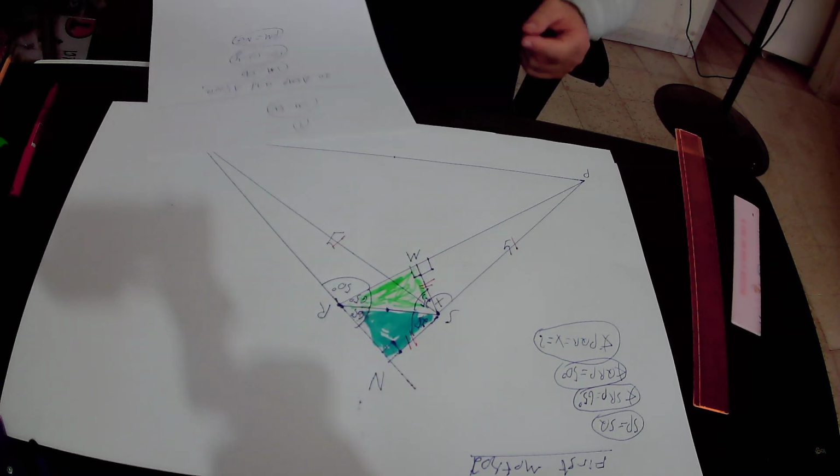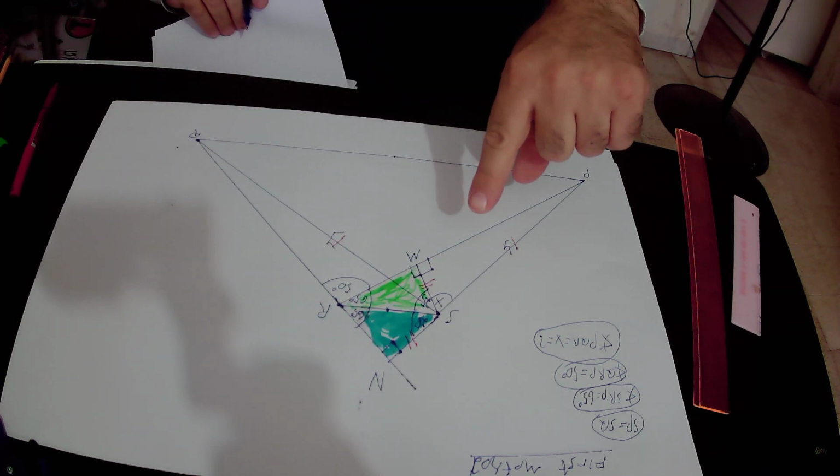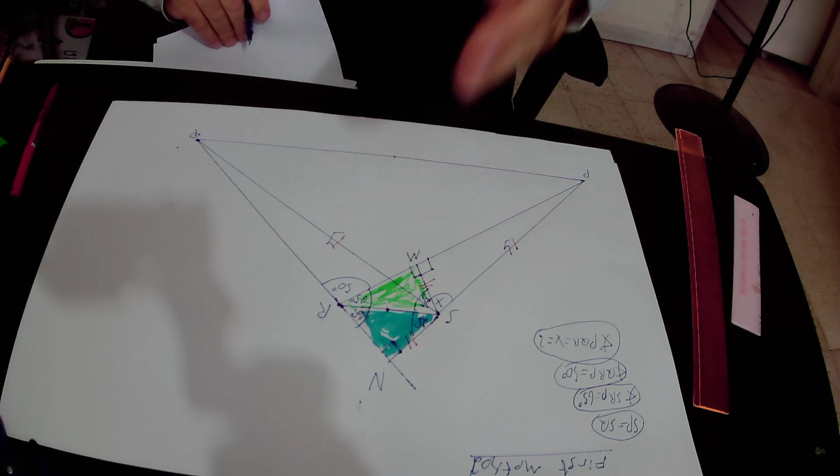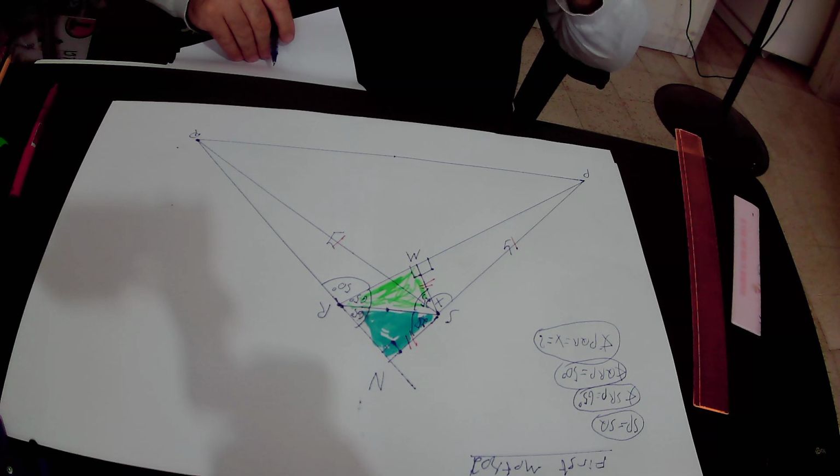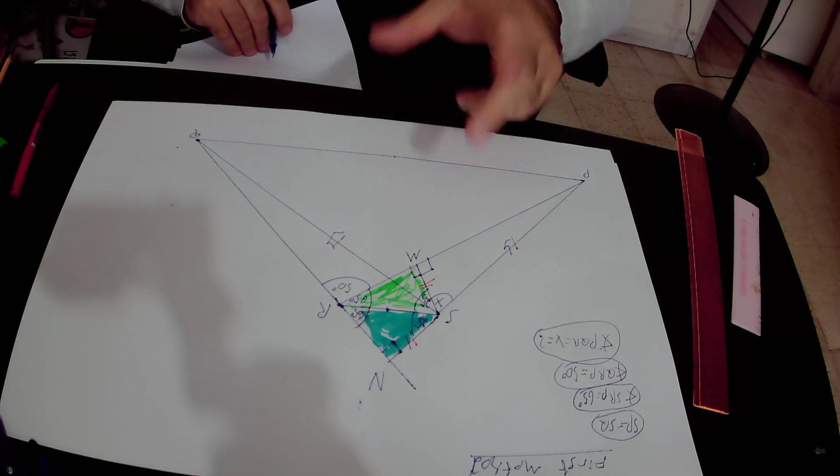You should remember that SMP and SNQ are right triangles, therefore we can apply the Pythagorean theorem in those two right triangles.